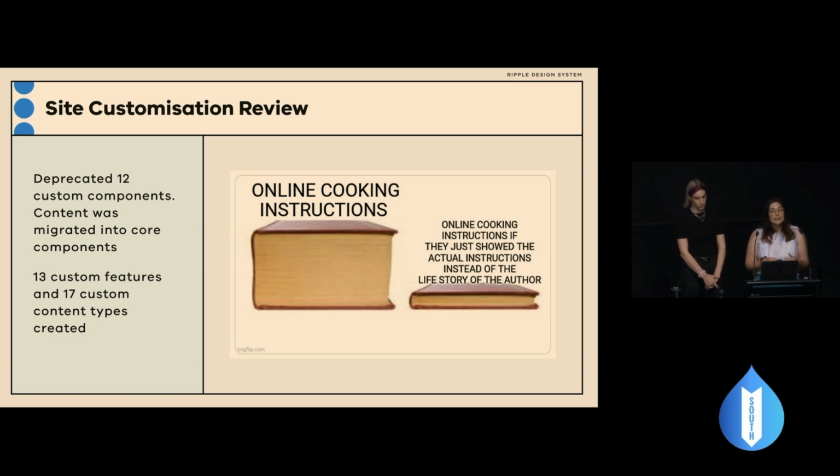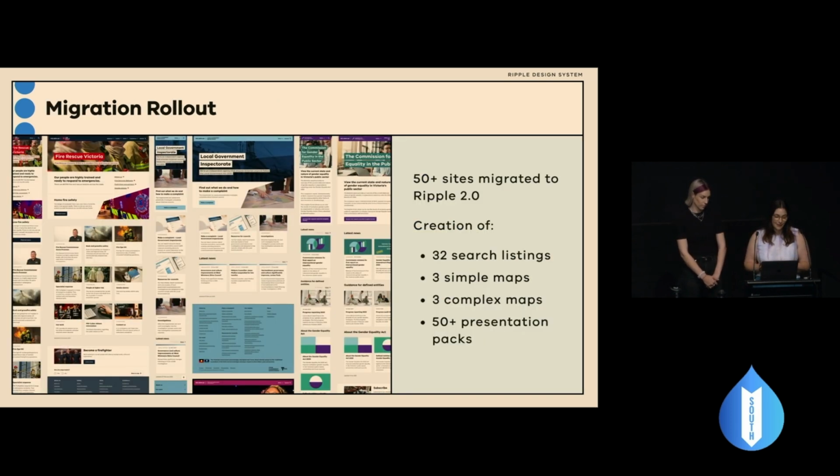This process allowed us to deprecate 12 custom components and migrate their contents into core components. The review, however, also identified discrepancies and additional client requirements. As such, we had to build 13 additional custom features and 17 custom content types to meet these client requirements. Then we started our migration rollout.